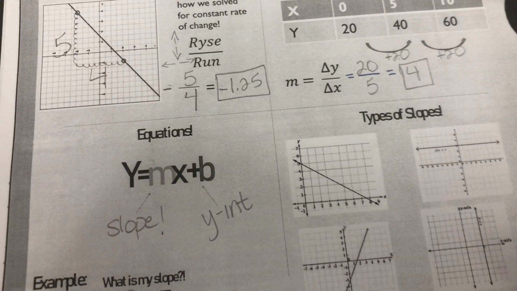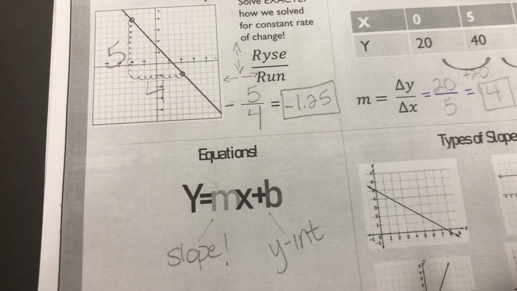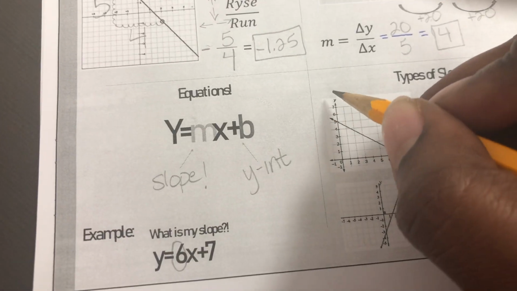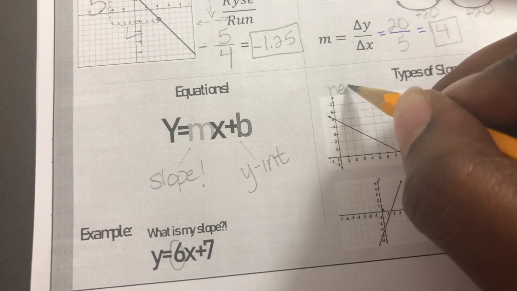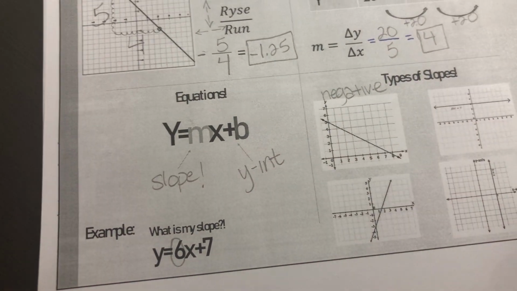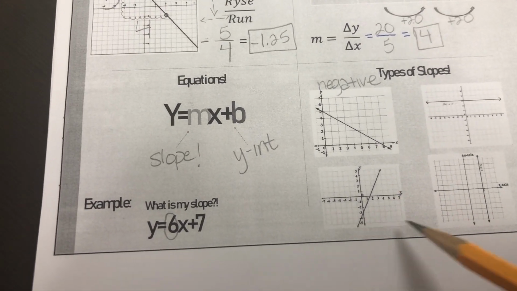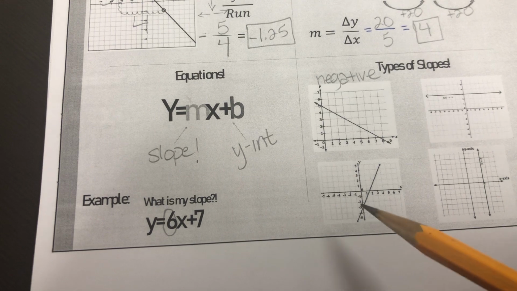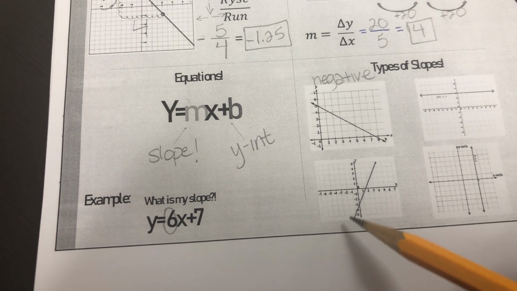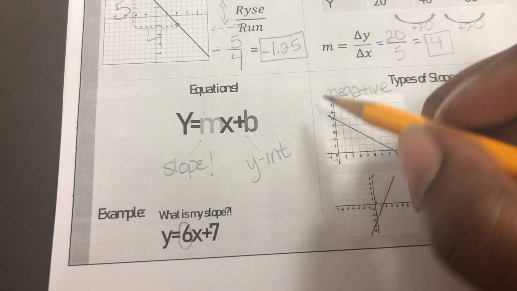It's going down, so it's going to have to be a negative. Okay, so we're going to say right up here, negative. And then up here, if we look from left to right, what's happening to your figure? Looks like it's going up, so that one's going to be a positive.